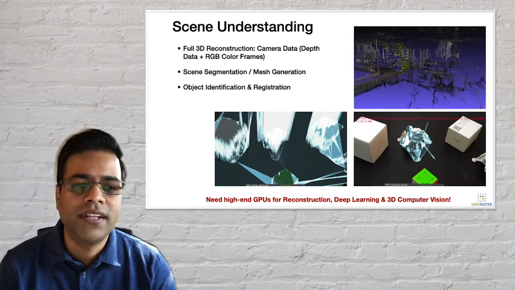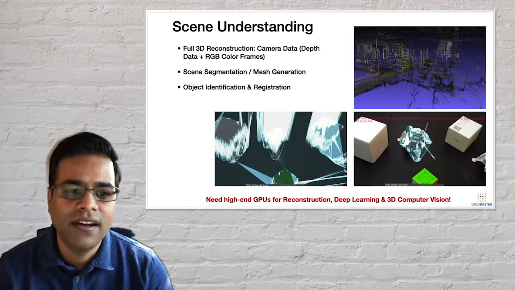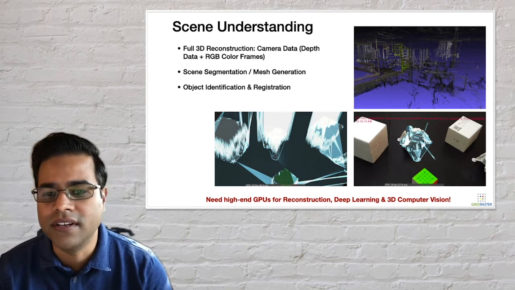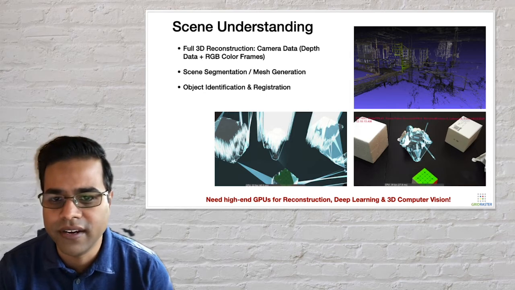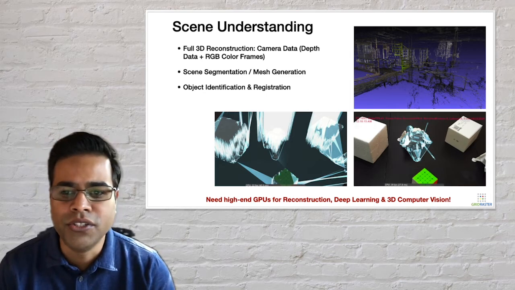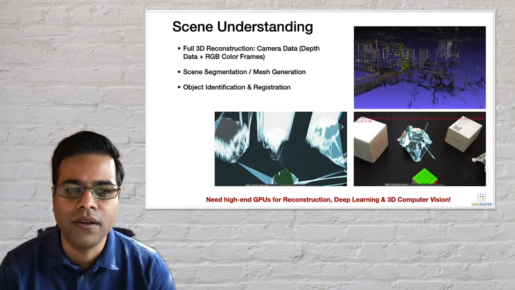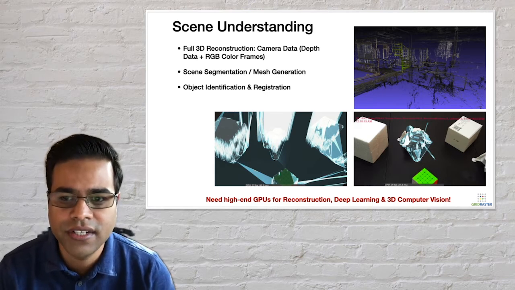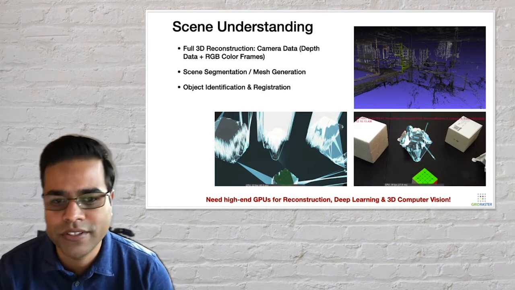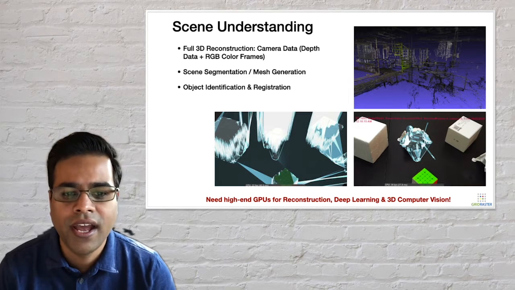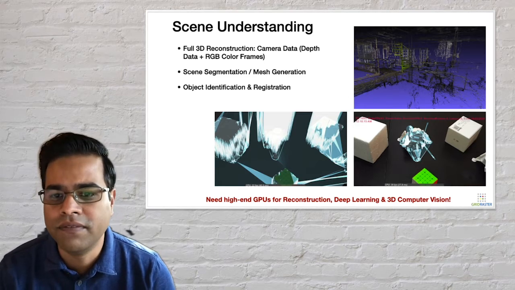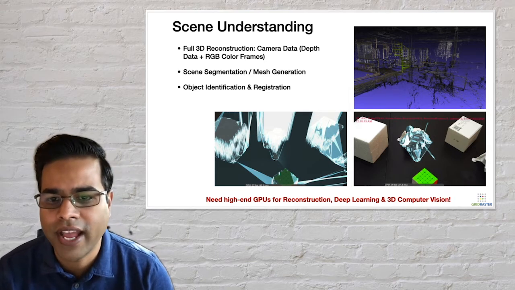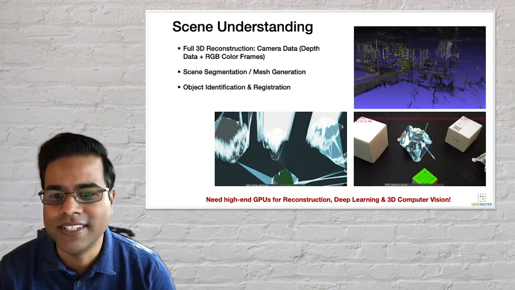The other component is scene understanding, where we use the cameras on these devices, both the RGB color camera and the depth camera, to map the entire world, do a full 3D reconstruction, followed by segmentation of the scene, generating the mesh, and doing a full object identification and registration. So the above image shows you a capture of our office. This is entirely point cloud.